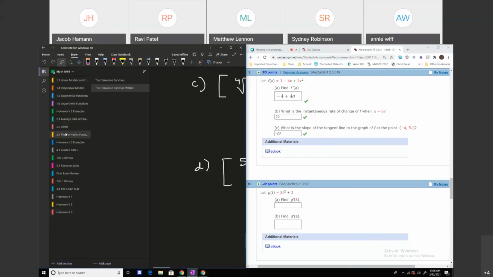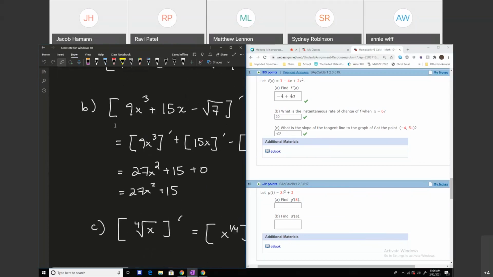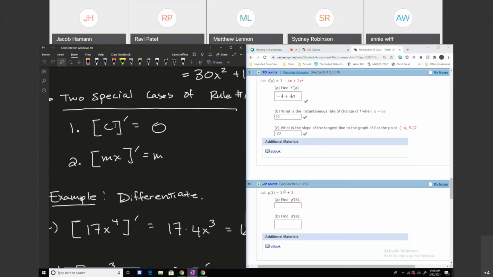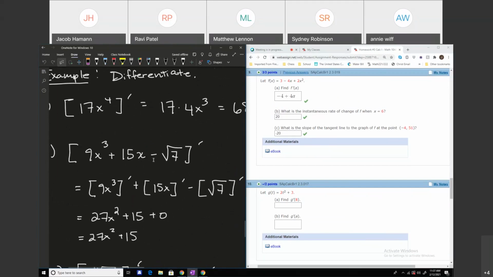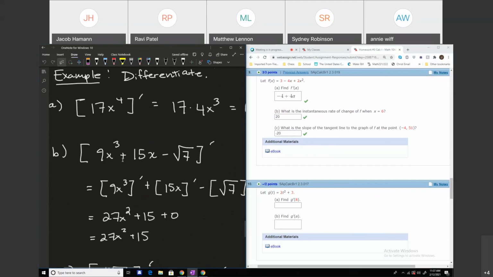Okay. So if we looked at the shortcuts from last time, we did lots of examples of them. So the two special cases of rule number 1: the derivative of a constant c is 0, and the derivative of just something with an x becomes that something. So if we looked at, say, part B, our second example, the square root of 7 is a constant. That's why when you take the derivative, it becomes 0.